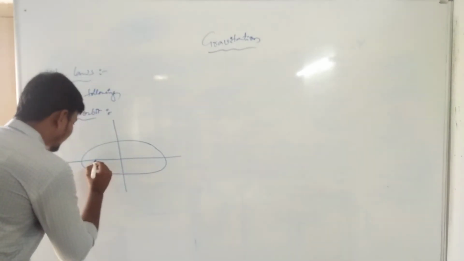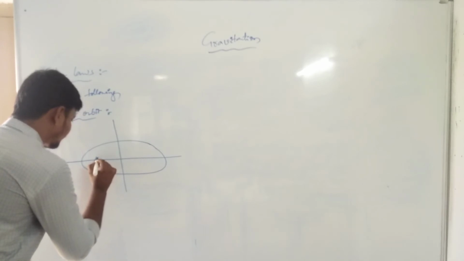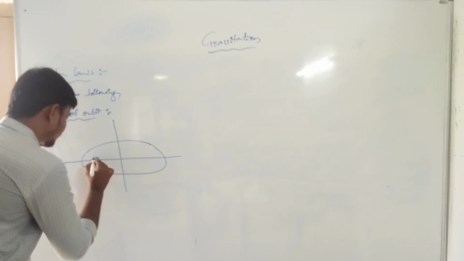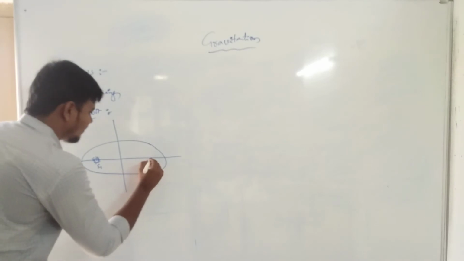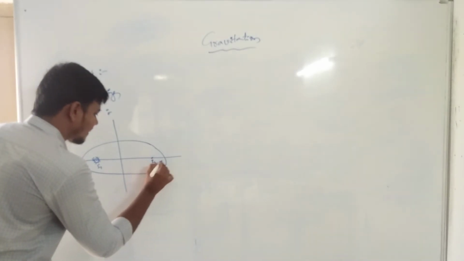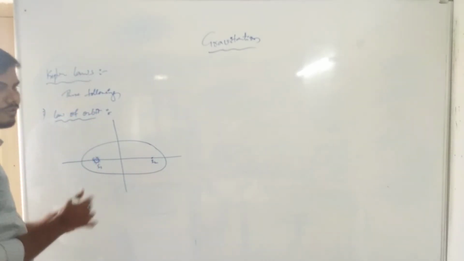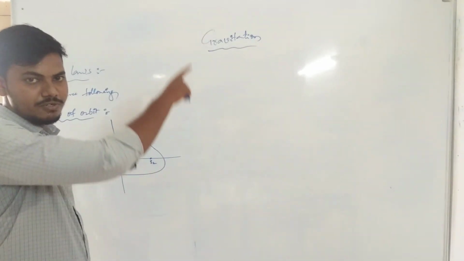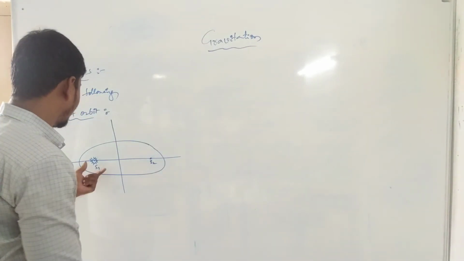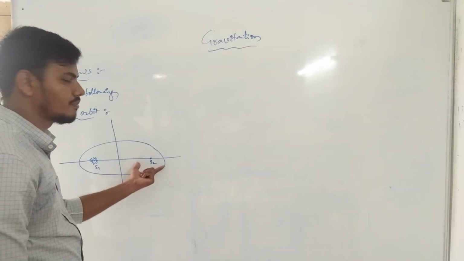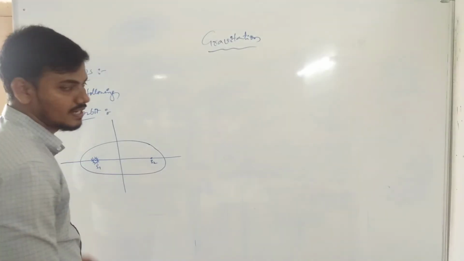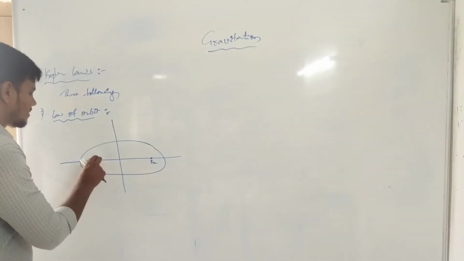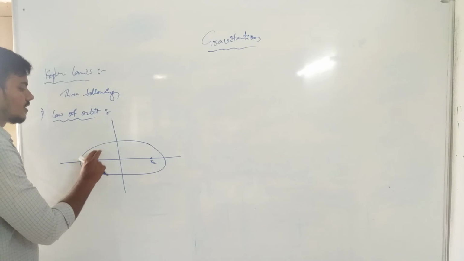Okay, for example, this is the sun, S1. Again we use the sun, S2. You can take any position from 0 to infinity or from infinity to 0. Clearly, the positions are from the first sun situation S1 to S2.